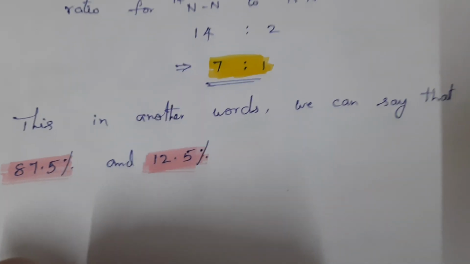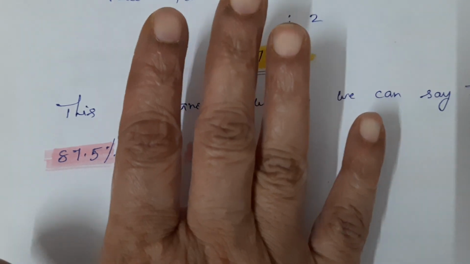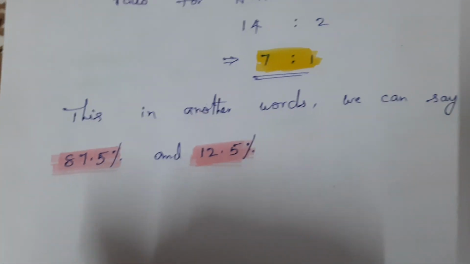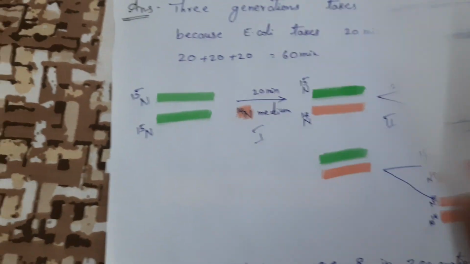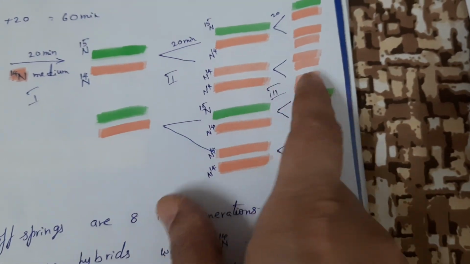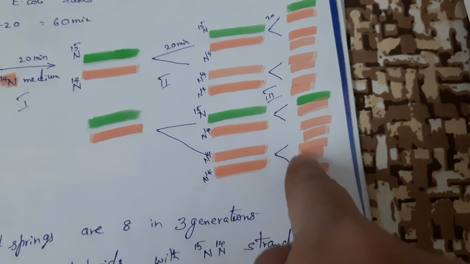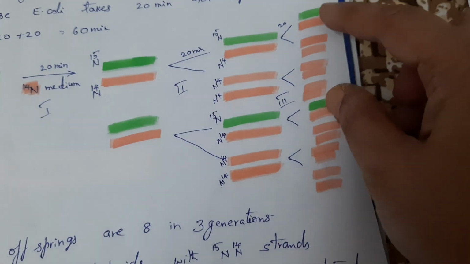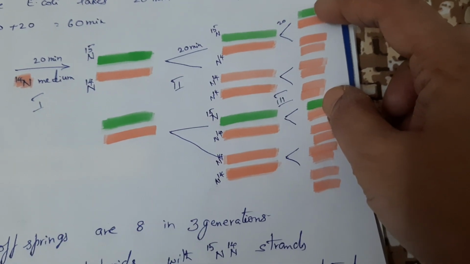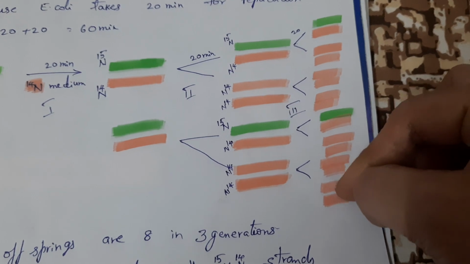When they are saying the percentage, 3:1, that is 75 and 25%. But see here, in this one, we are not saying completely 75% are of the N14. That means only 2 are the N15 strands and all others are the N14 strands.